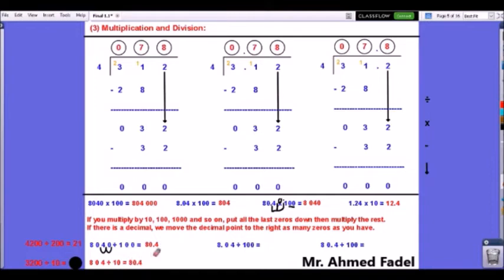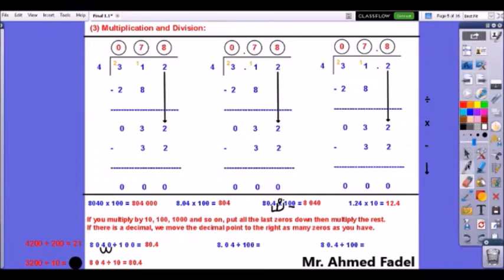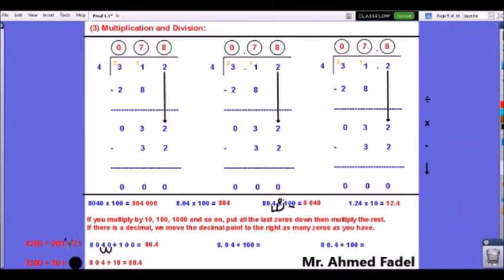Here, before we move to the next question, there are 2 questions here that we need also to answer. One of the answers was revealed here by mistake. 4,200 divided by 200. How can we answer this question? It's just simply ignore here this 0 in division only.